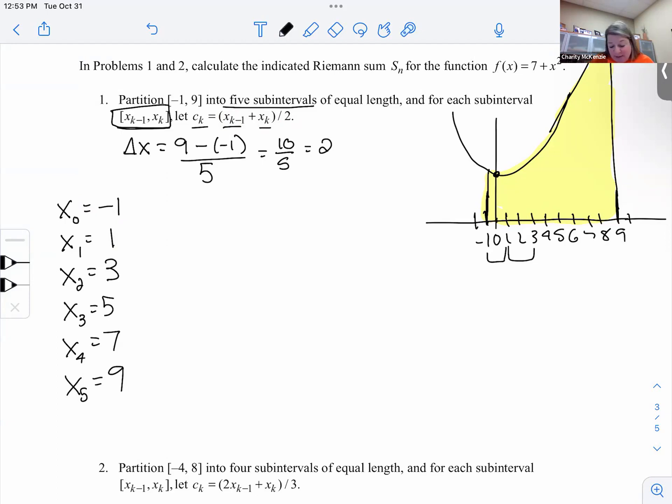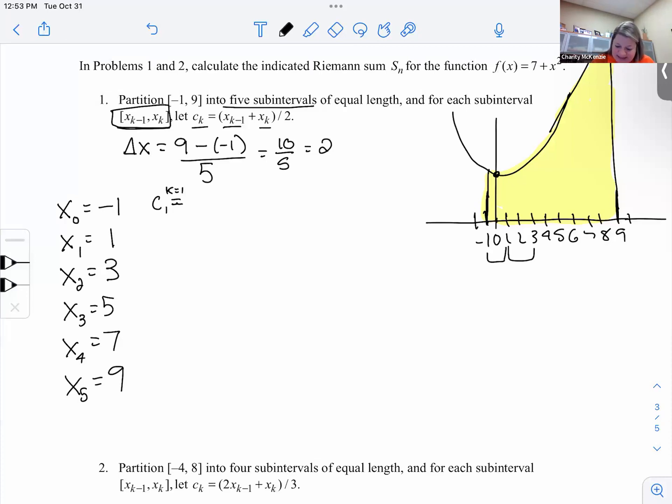Okay, so I'm going to use their notation. C sub 1, my first C, is going to be where your k value is 1. So maybe I'll write that right above: k equals 1. That's where we're starting.